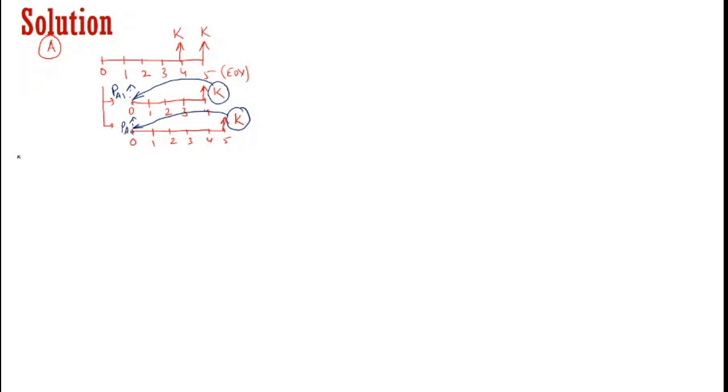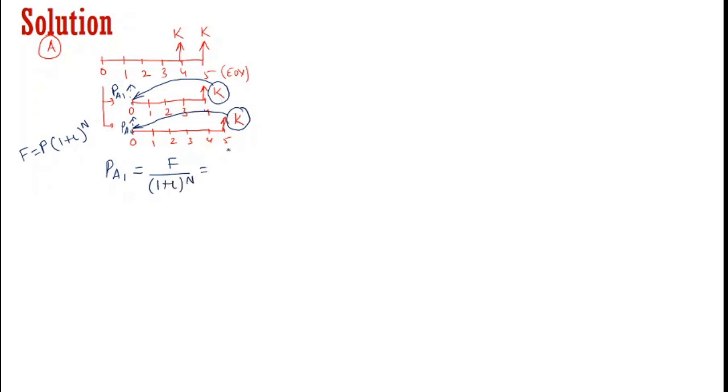Now to recall, we have a relationship between P and F as F equal to P(1 plus i) to the power n. So if I fill in the numerical values to find the equivalent worth of this K at time t equal to 0, or the equivalent worth PA1 of this transaction K, PA1 will be F upon (1 plus i) to the power n.